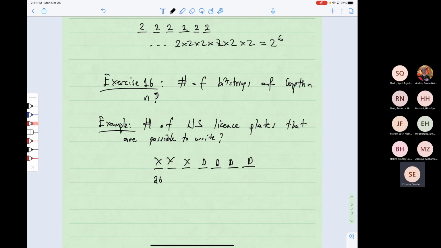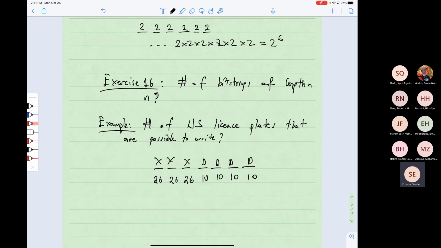And again, for the second position, there is no reliance on the first one. Again, 26, 26. How many digits are there? This time you need to know the number system. In the usual number system that we use, we have 10 digits, 0, 1, 2, till 9. So here, 10 options, 10 options, 10 options.